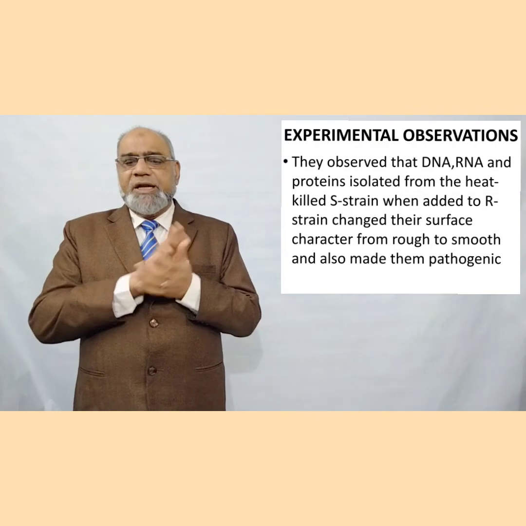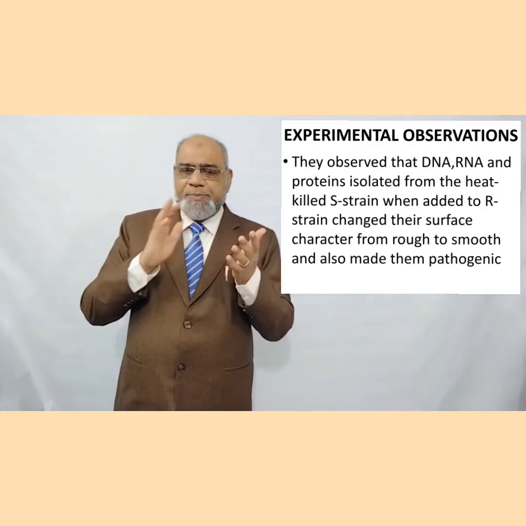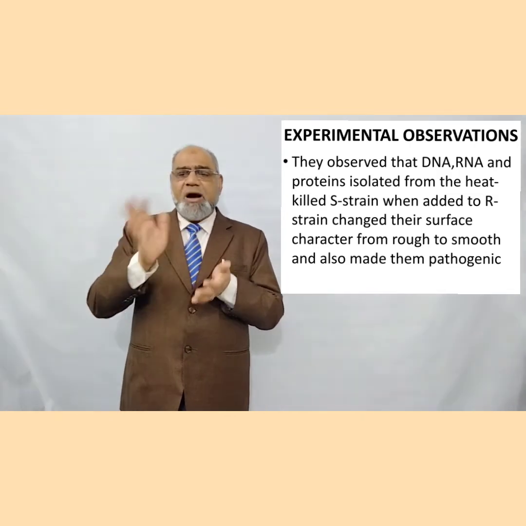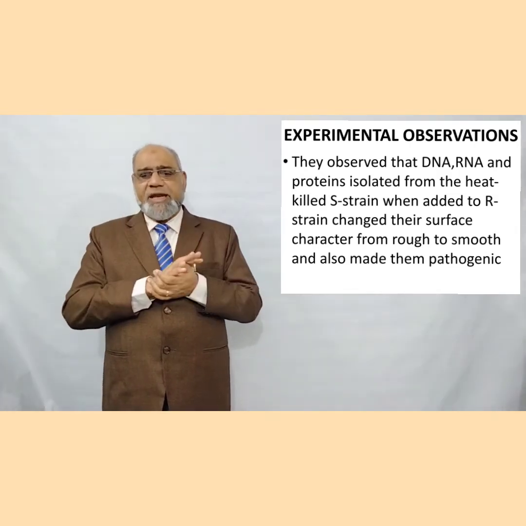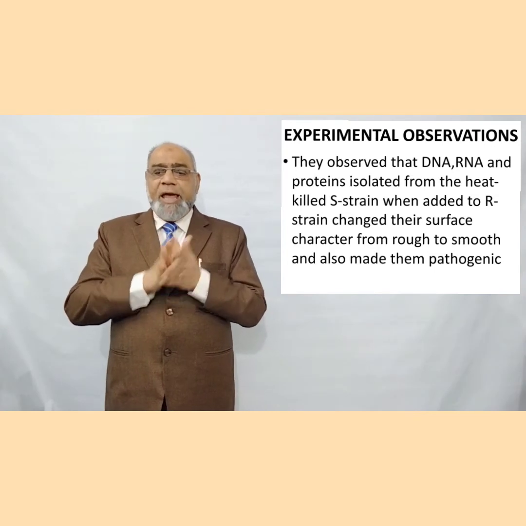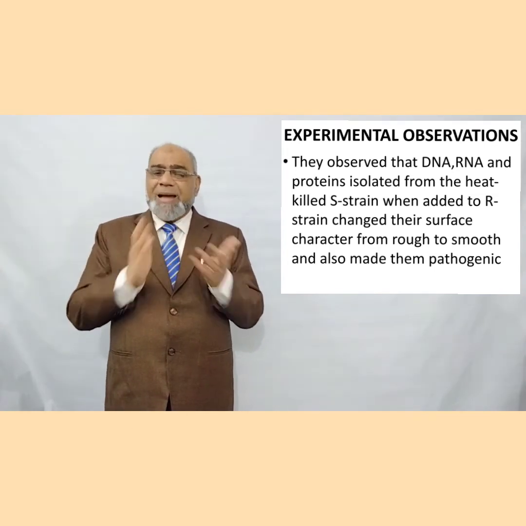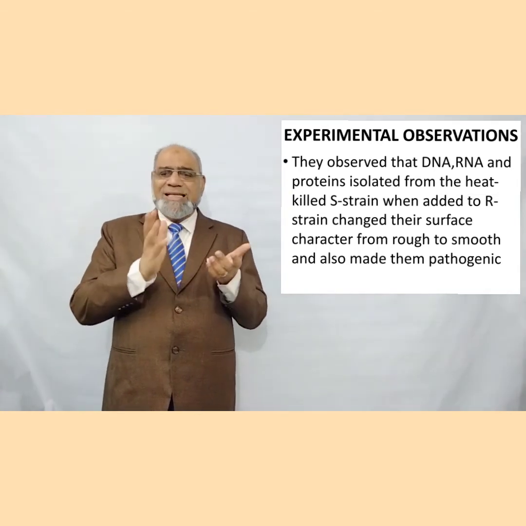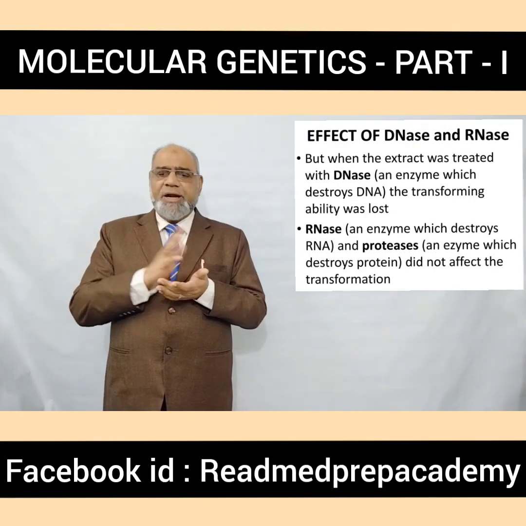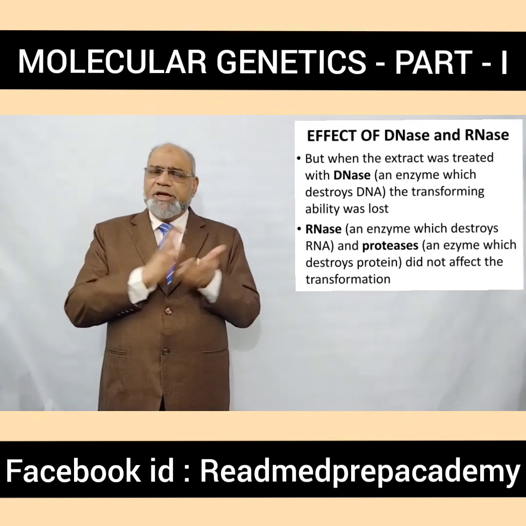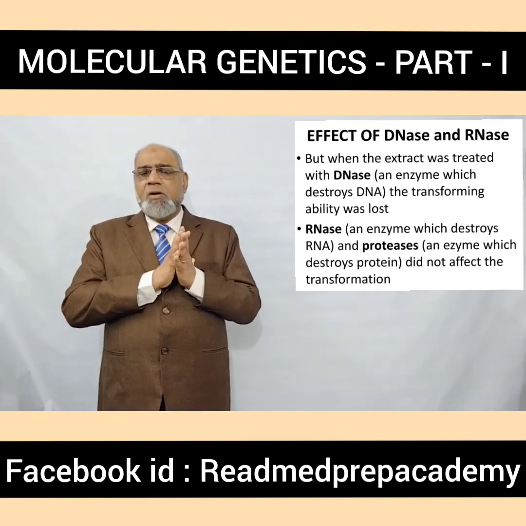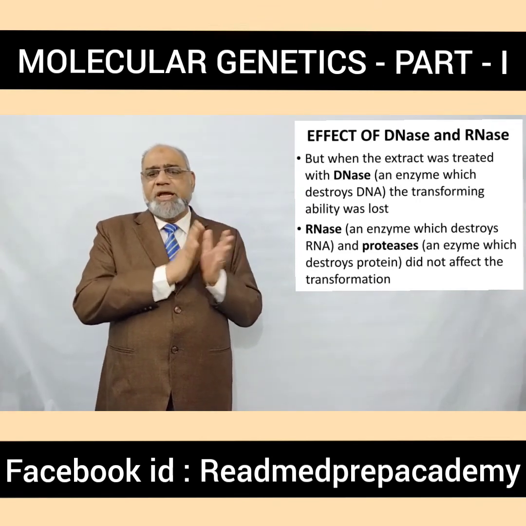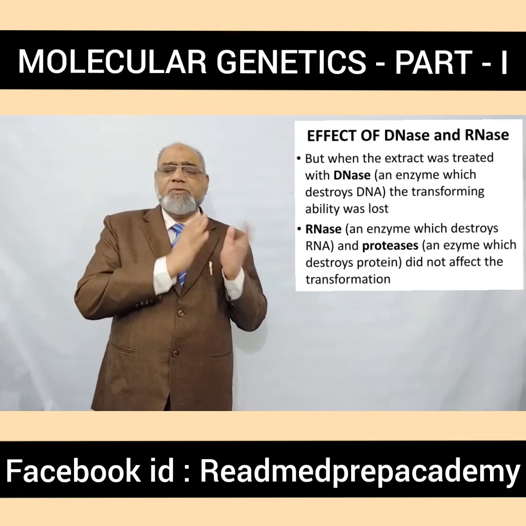They observed that DNA, RNA and proteins isolated from the heat-killed S strain, when added to the R strain, changed their surface character from rough to smooth and also made them pathogenic. They also did experiments with the enzymes DNase, RNase and proteases. When the extract was treated with DNase, an enzyme which destroys DNA, the transforming ability was lost.